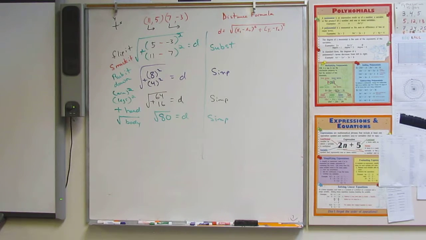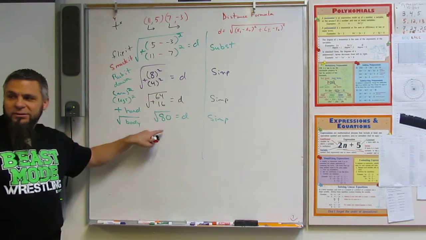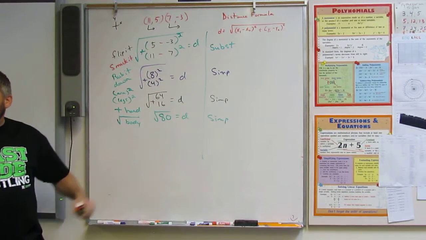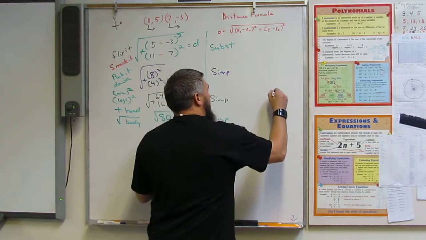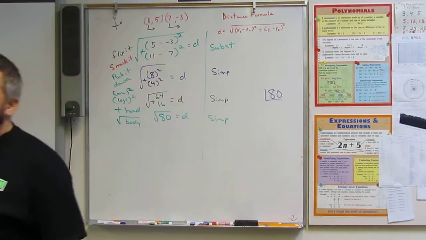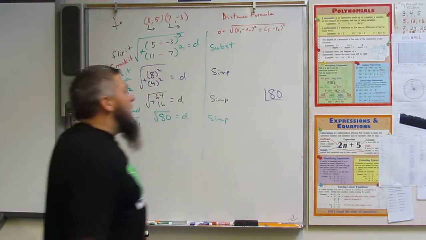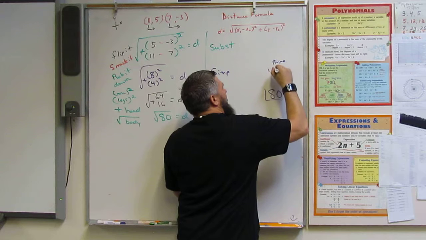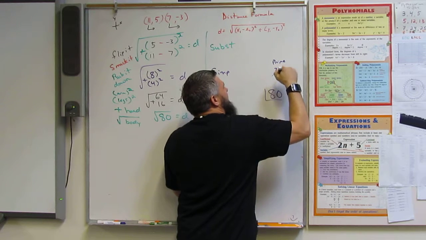All right, now we need to reduce this. If you get to this point, you need to reduce it. So I need to come over here and look at my 80 and then use my numbers. And I was asked earlier, what numbers do we use? We always use our primes.